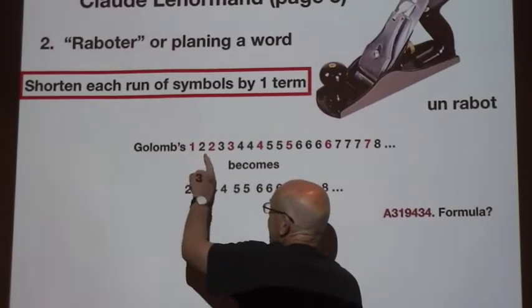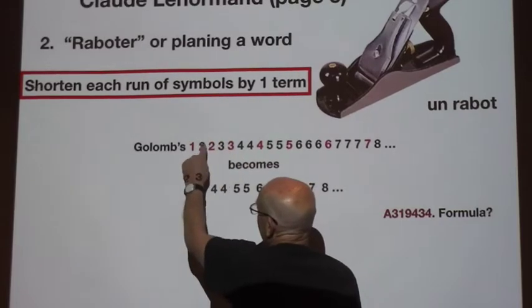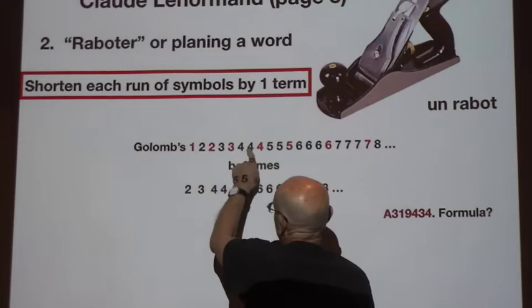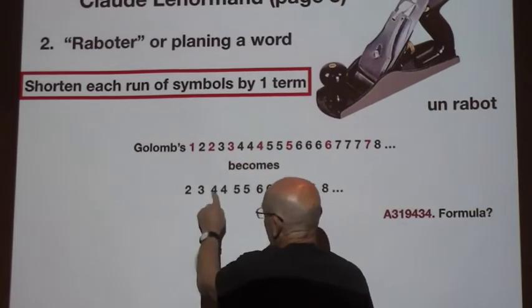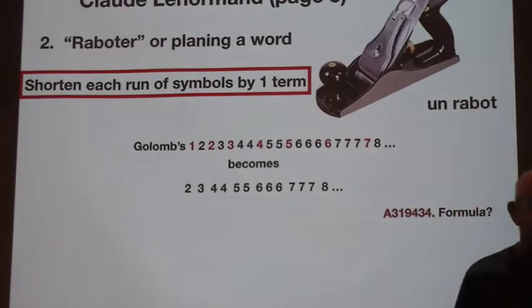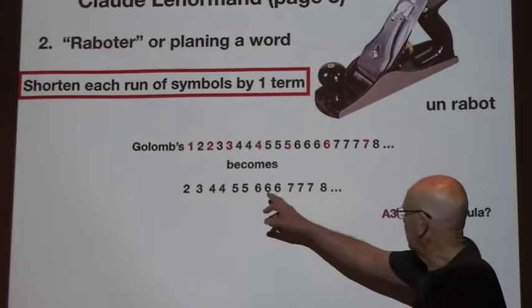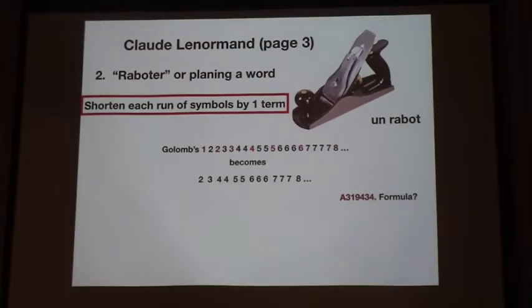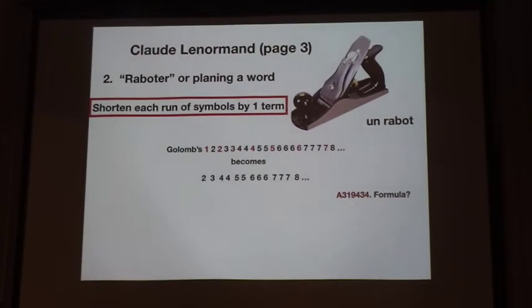We've got 2 2s and we lose one of them. We've got 2 3s and we lose one of them. We've got 3 4s and we lose one of them and we get 2 4s. So this sequence becomes that sequence. And I don't know any formula for it. It should be a simple description. I don't have one.